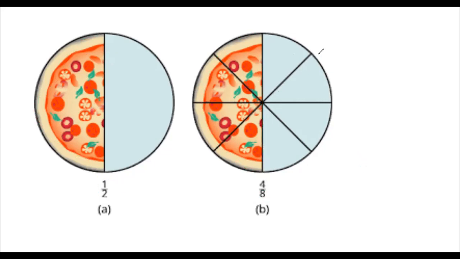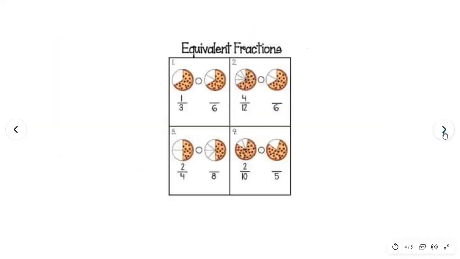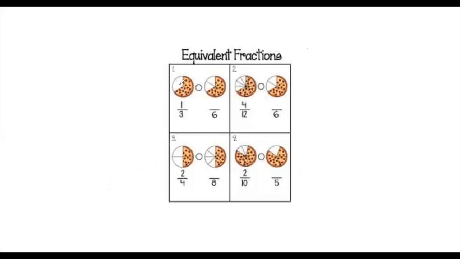Okay, now we are going to see more pizzas and try to experiment with equivalent fractions. In the first picture, one person ate just one slice out of 3 slices, so it is written 1 by 3. Now I am also going to count, there are 2 slices that one person ate out of total 6 slices.